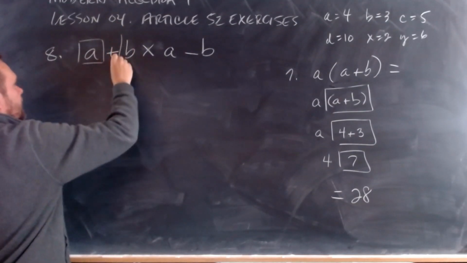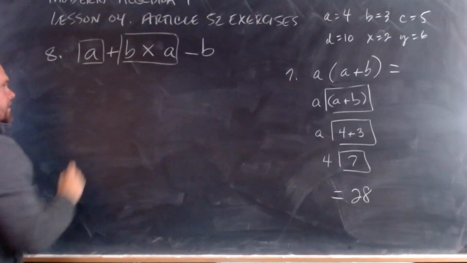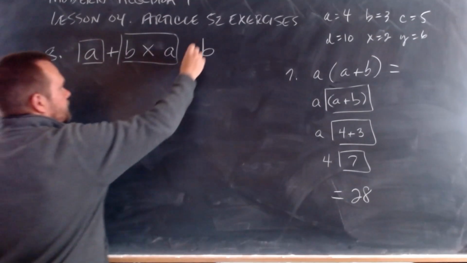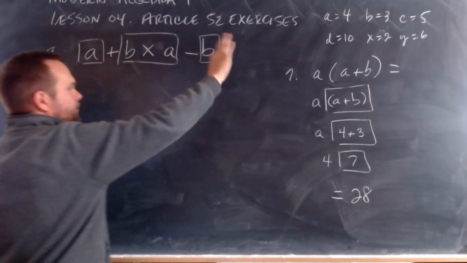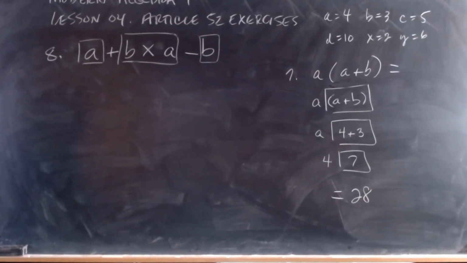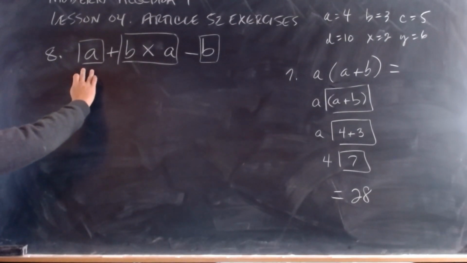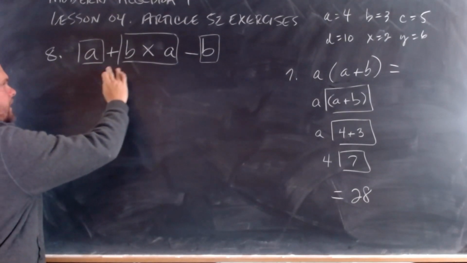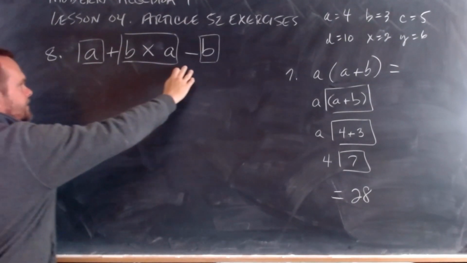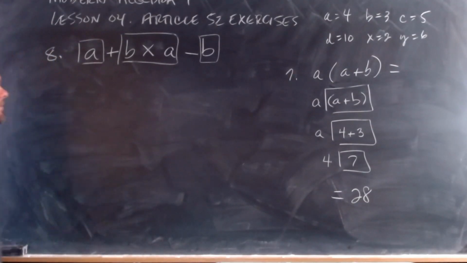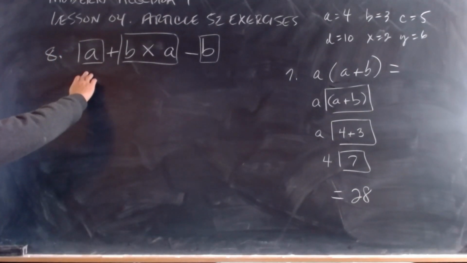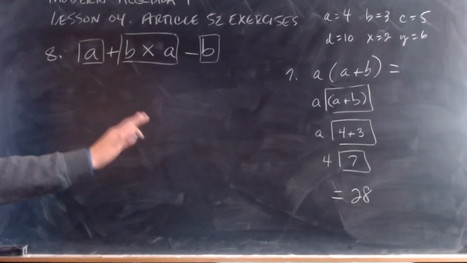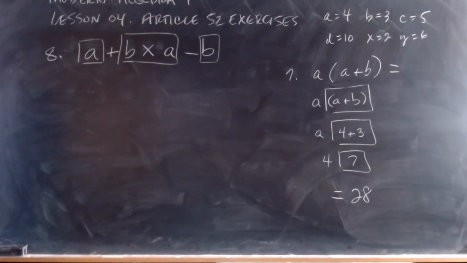B times A. What's the third term? B. We could say negative B, but we'll just say B. So we're adding the first term plus the second term and taking away the third term. A plus B times A minus B.